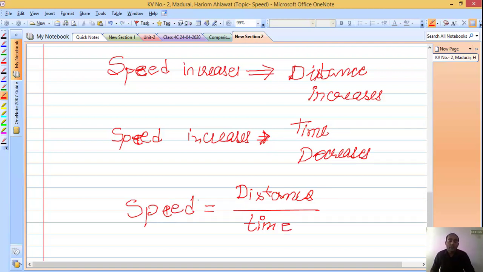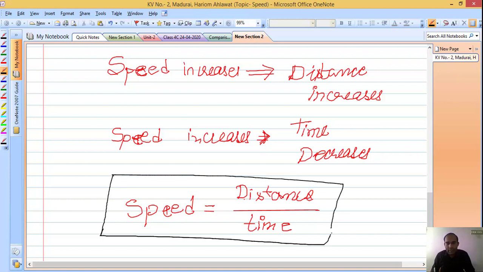Means when the speed increases, distance increases. When the speed increases, time decreases. So speed equals distance by time. Distance divided by time. Speed equals distance divided by time. Okay, so this is the formula.